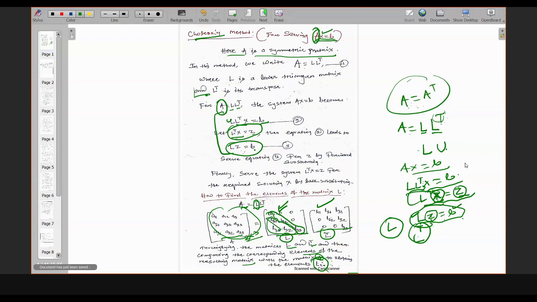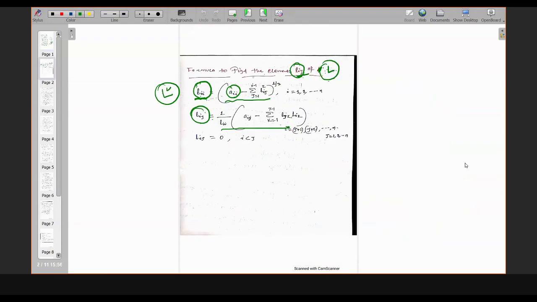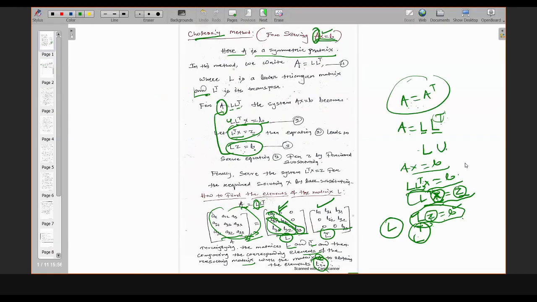These elements you can obtain by using this formula. And Lij equals 0 when i is less than j. That means these elements are 0.